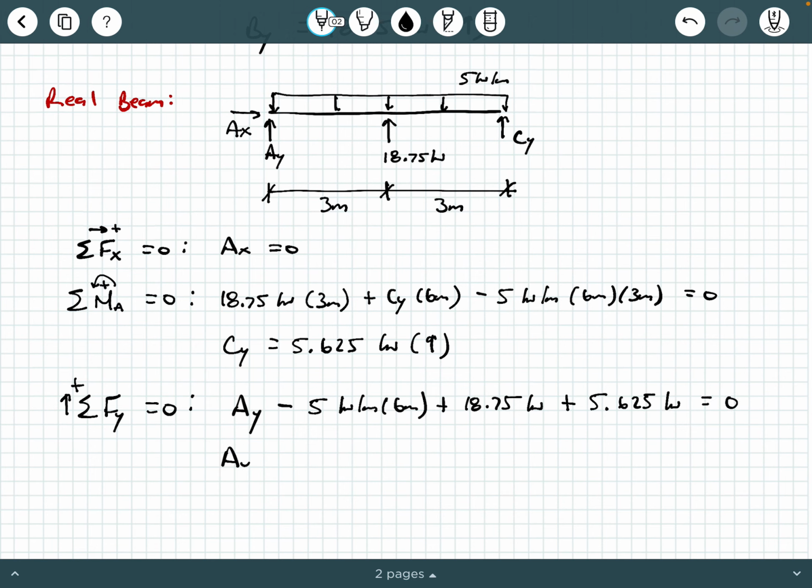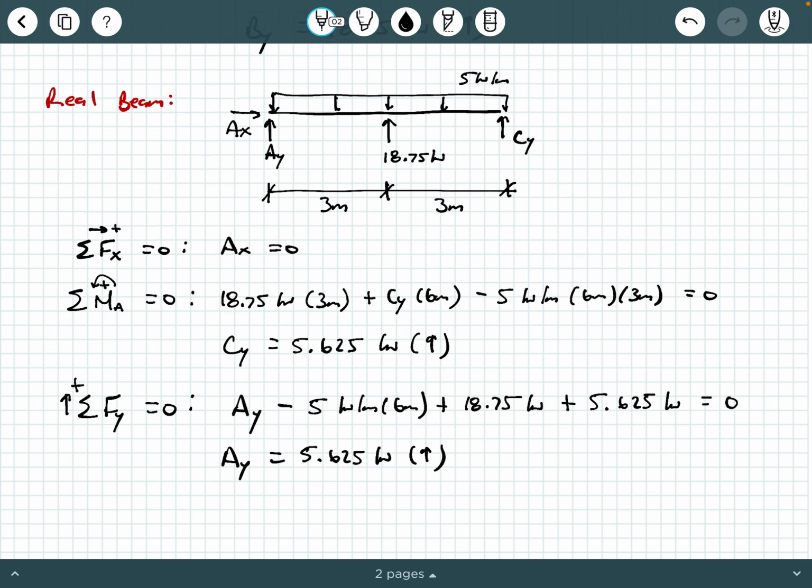Doing some rearranging, we can solve for Ay, and that also equals 5.625 kilonewtons pointing up. And that makes sense that Ay and Cy are equal because the real beam is a symmetrically loaded two-span continuous beam. So it makes sense that Ay and Cy should be the same number.